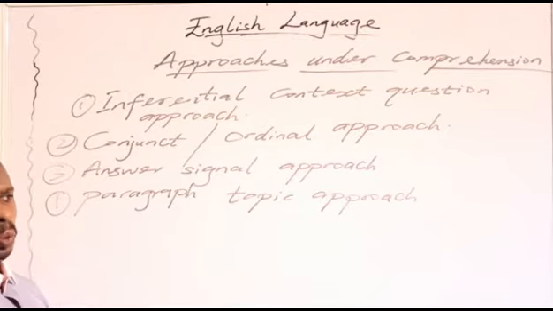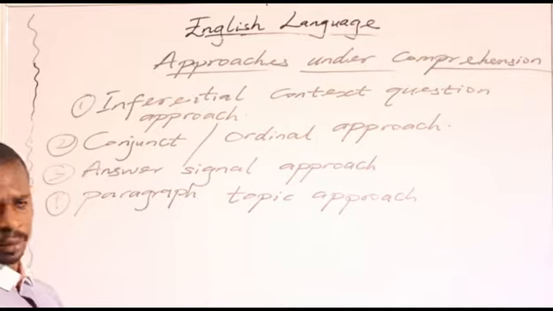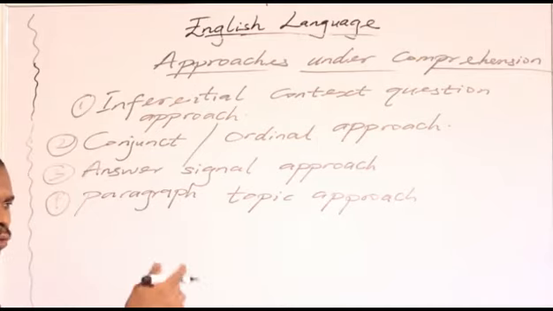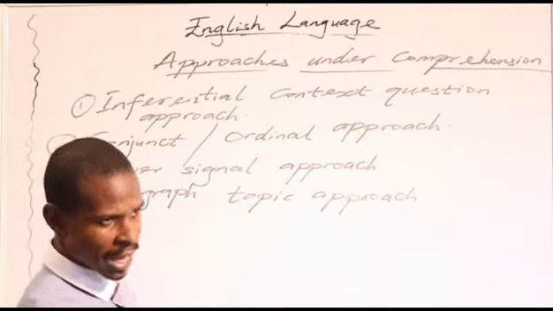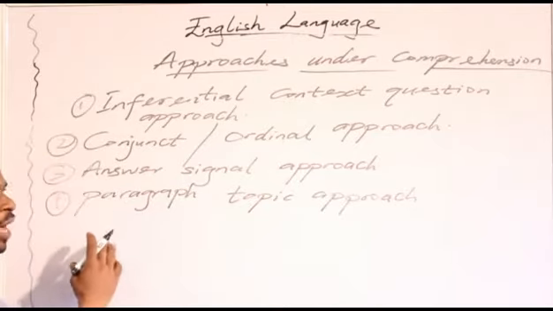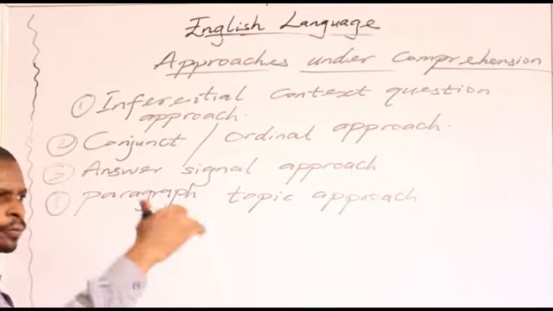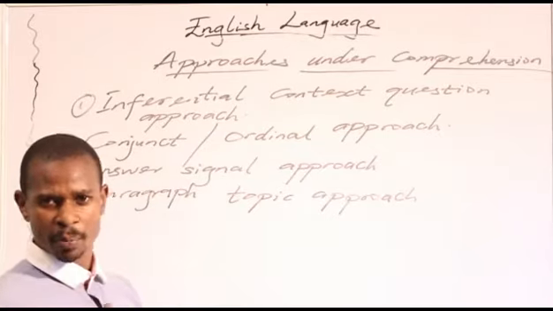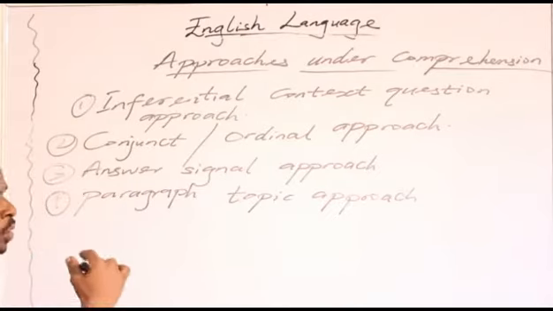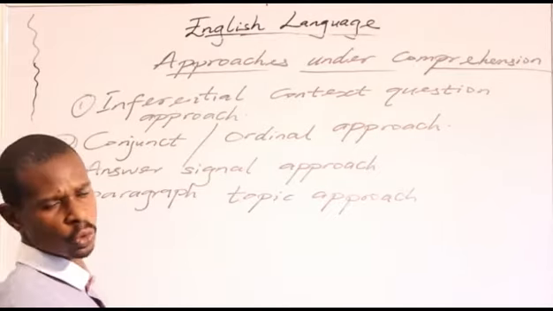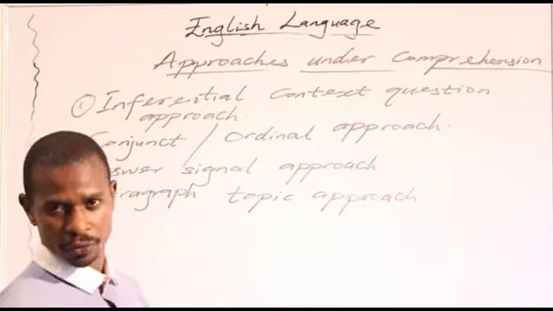You may be directed to go to paragraph 1: in paragraph 1, what is this? In paragraph 2, what is this or what is that? So with that, you should be able to know the facts in each paragraph in a passage. Knowing the facts in each paragraph will assist you to answer questions very well.